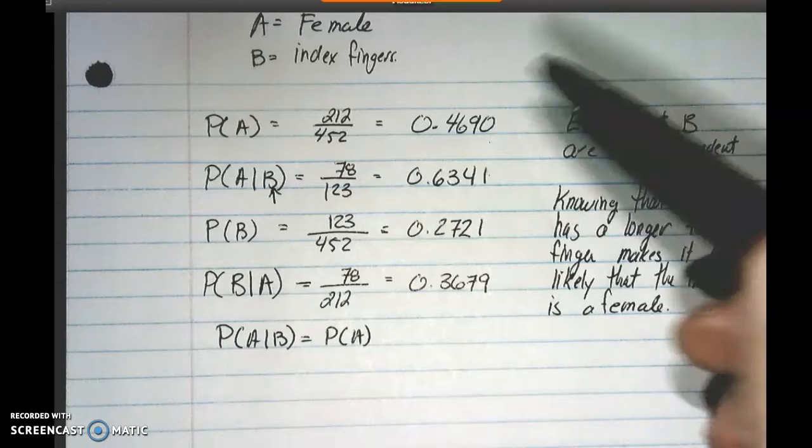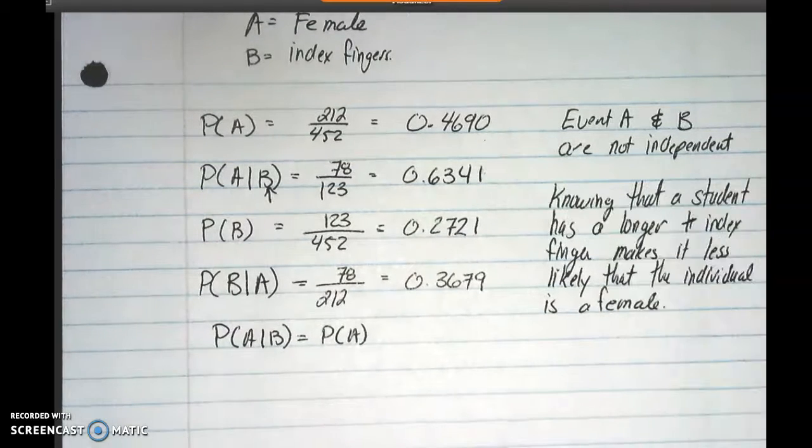Oh, I see what you're saying. You're comparing these two right here. I guess you could say it that way too. But basically you just got to say that they're not independent. You're not going to tie them together. So that's what you got to look at. And independence is hard to prove. I'll tell you that much right now.